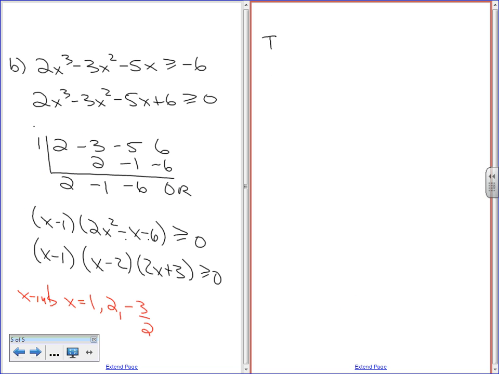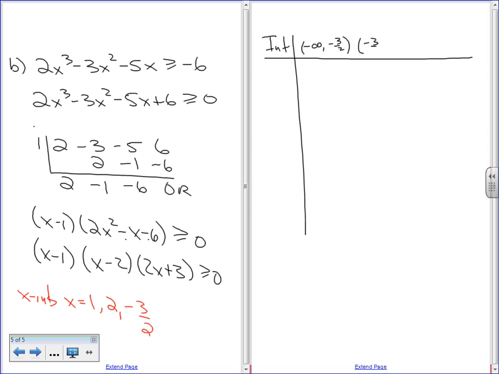So I set up my interval chart, starting from negative infinity to my first x-intercept, which is negative 3 over 2, and then from negative 3 over 2 to 1, and then from 1 to 2, and then from 2 to positive infinity.